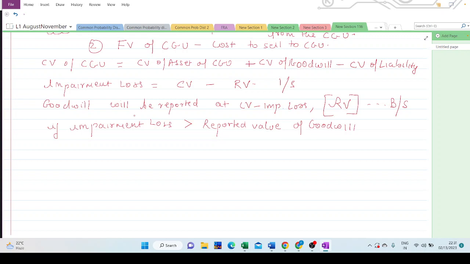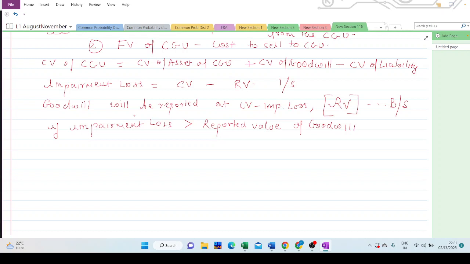Then impairment loss would first be applied to goodwill, and once goodwill is reduced to zero, then the remaining loss is allocated to all other non-cash assets in the CGU on a pro rata basis. Please write this down.